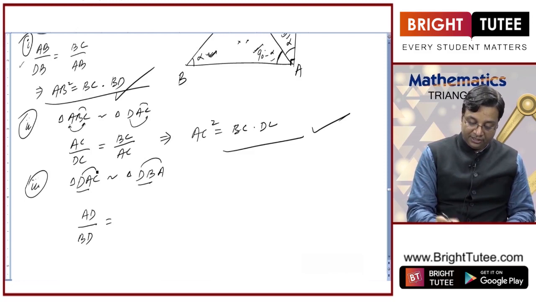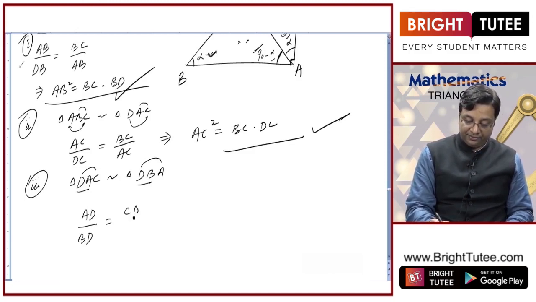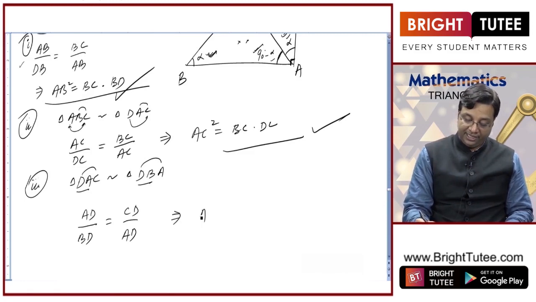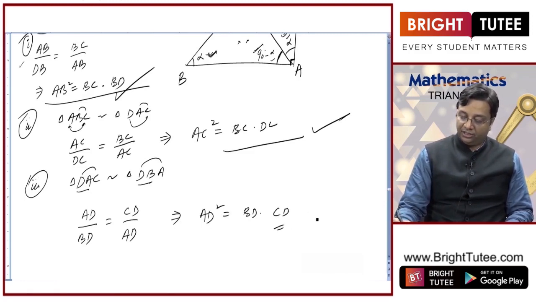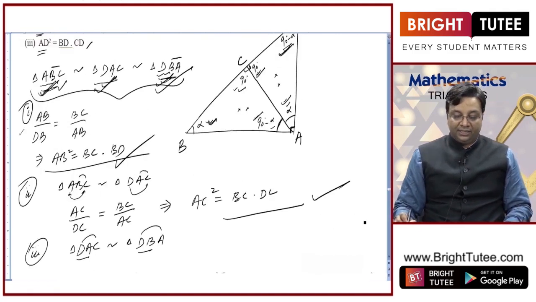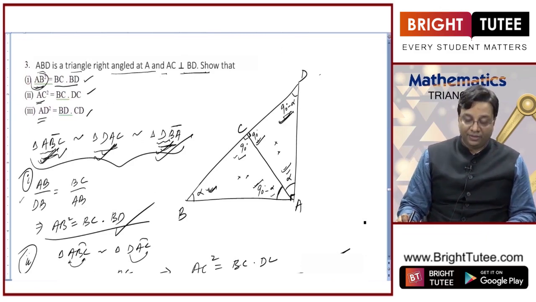So I will have to take CD from here. So CD by AD. Okay. This means AD square is equal to BD into CD. So the third part is also proved, right.